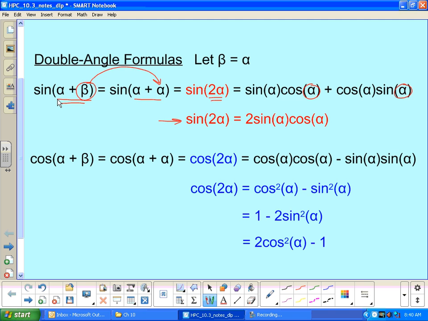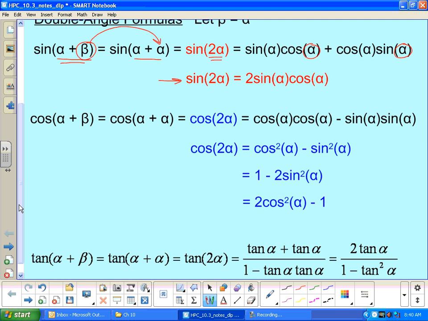If we carry the same concept with cosines, changing the beta angle into another alpha angle and replacing all the betas with alphas, we get that the cosine of 2 alpha is equal to, one of the formulas, cosine squared alpha minus sine squared alpha. Now we can develop this one further. How did we get to this point? We go back to our Pythagorean identity: cosine squared plus sine squared is equal to 1.